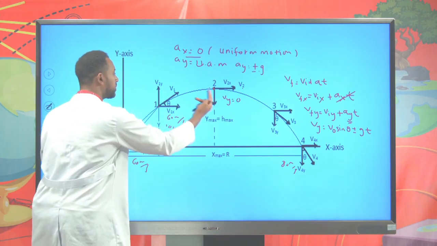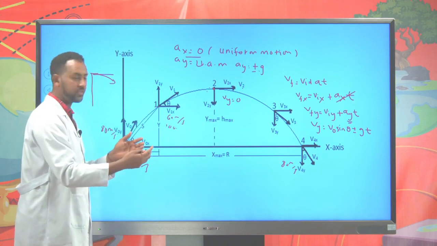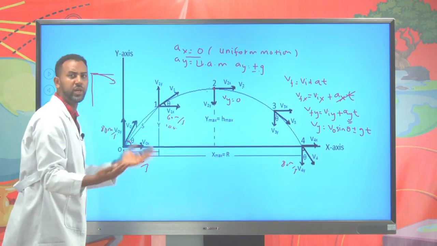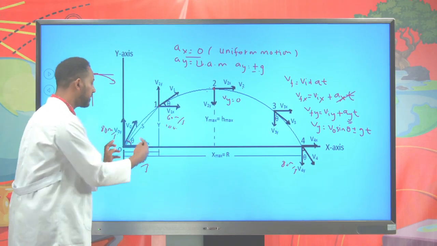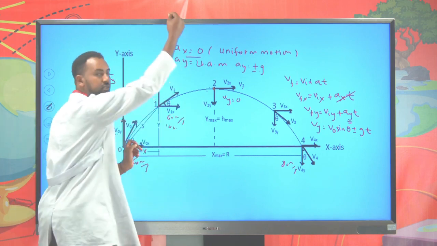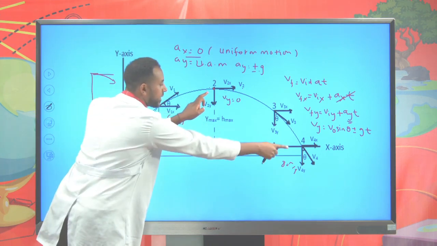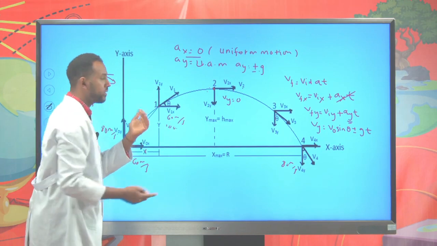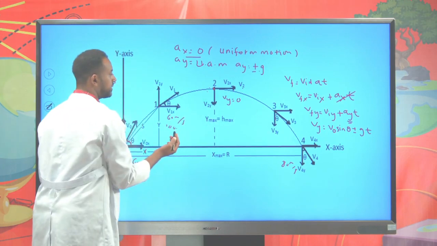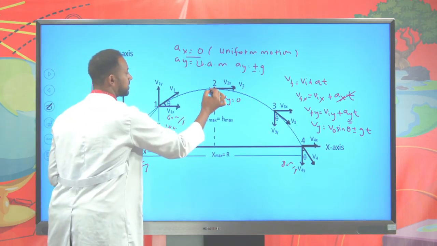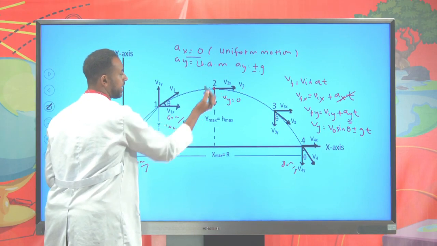The time it took is half of the total flight time. Suppose the total flight time is 20 seconds. It took 10 seconds to reach its maximum height, and the other 10 seconds to come back down.